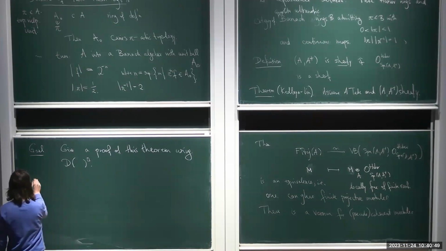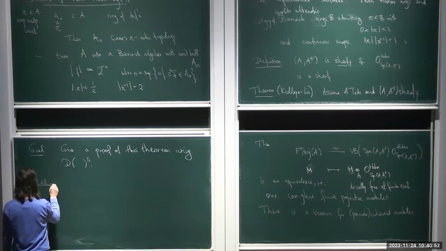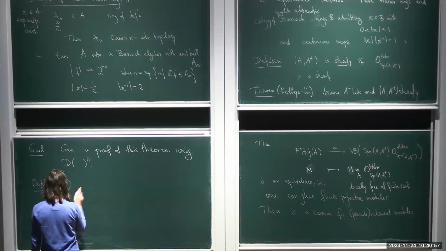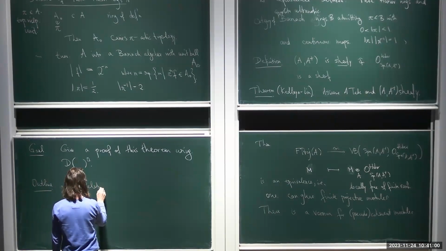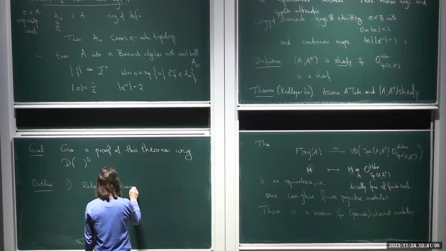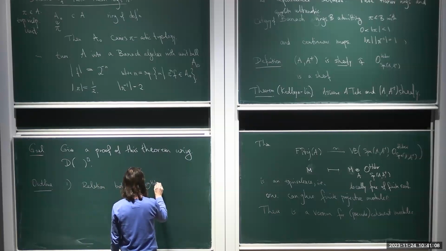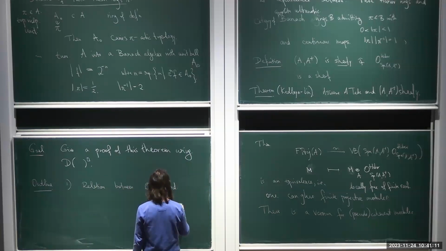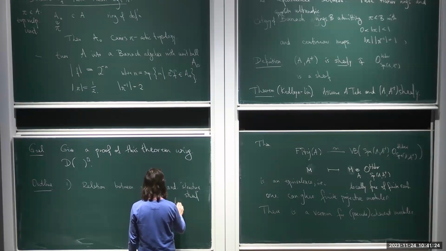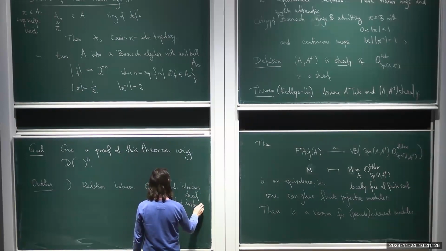Okay, so the outline. First of all, and this is addressing what Gabor already wants to know, is the relation between the thing that Hubert defined and this structure sheaf from last time, the thing that naturally comes out of our theory.